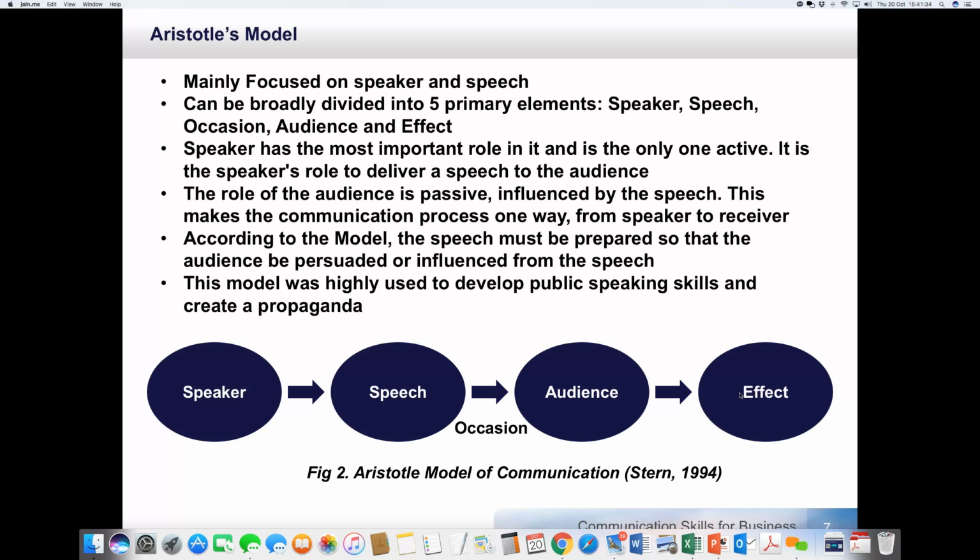So this particular model puts focus on the speaker, and the audience has a passive role. An example of this in a health and social care context is when the doctor speaks to the patient and gives a prognosis, and the patient is always listening.